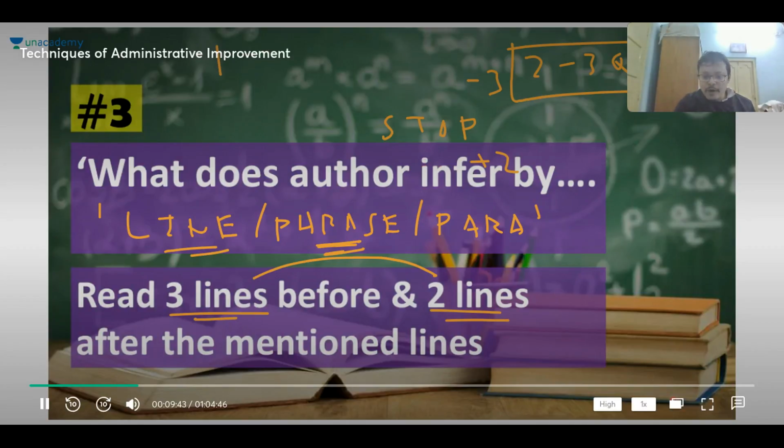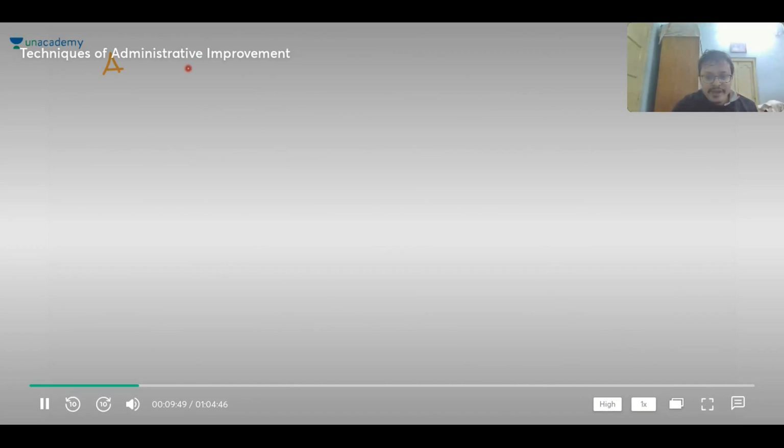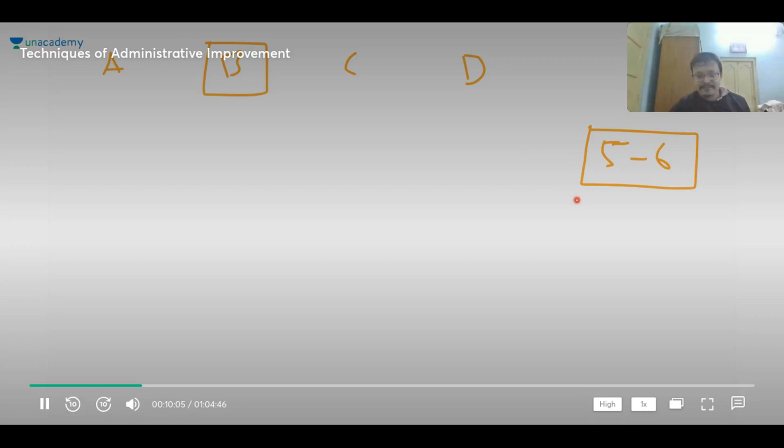And the biggest problem that people face in RCs is this. Usually in RCs you have 4 options, right? Usually what the examiner does is, in those particular 5-6 lines, he'll mention option B. And somewhere else in the passage, maybe towards the end, he will mention option D. So what happens as a result is aspirants tend to get confused.